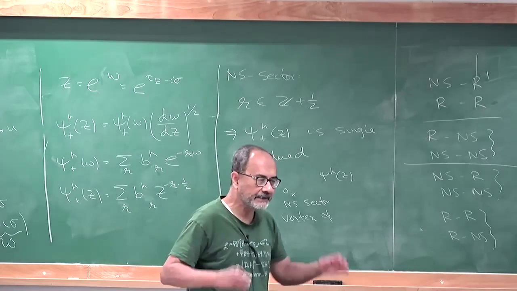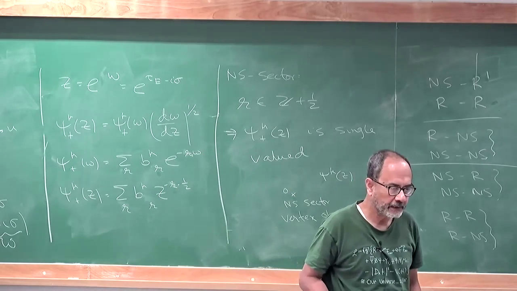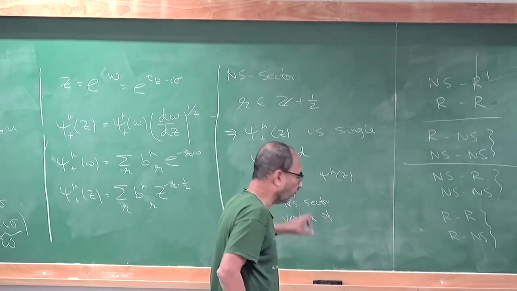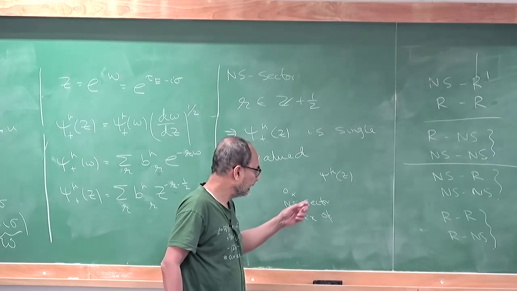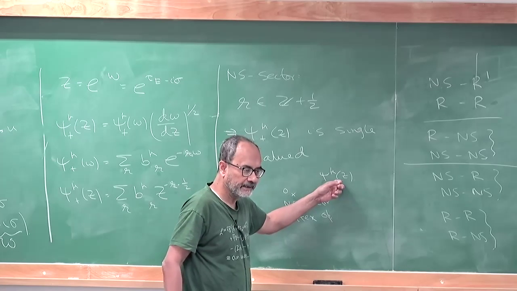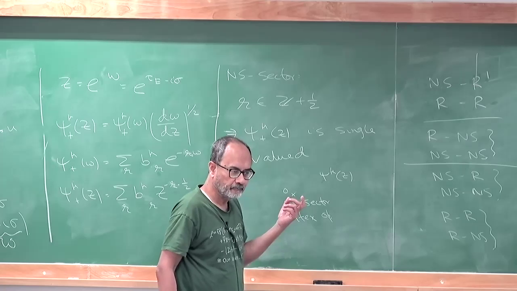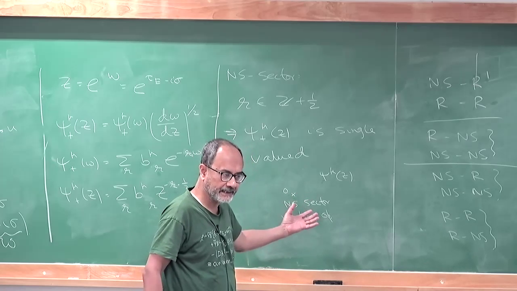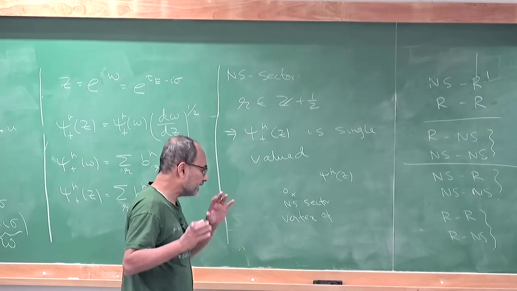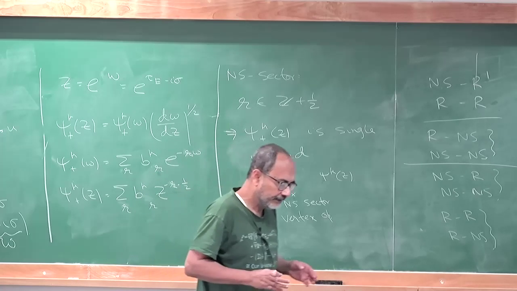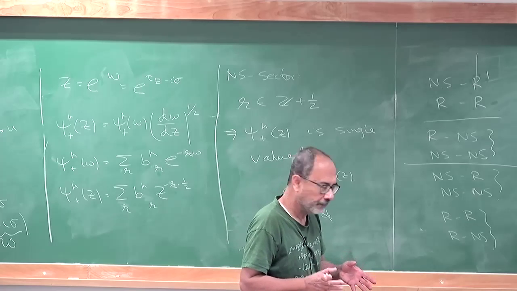Is that point clear? Take the NS sector vacuum. The corresponding vertex operator is the identity operator. So if this had been an identity operator, then psi mu of z should be single valued, because there is no operator there. There is nothing special here.